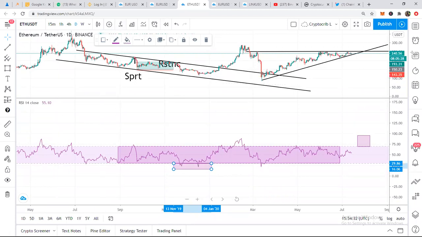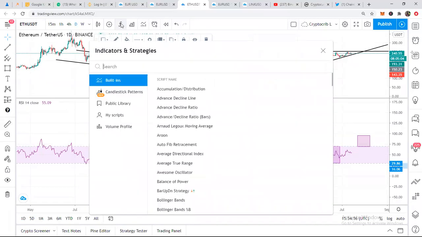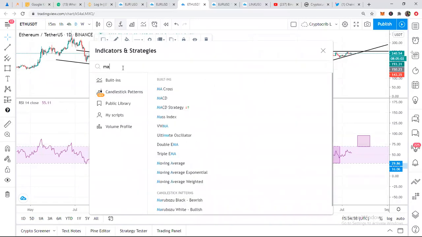Okay, so let's check how to use MACD. Okay, so this is how to use MACD. You click on this MACD.